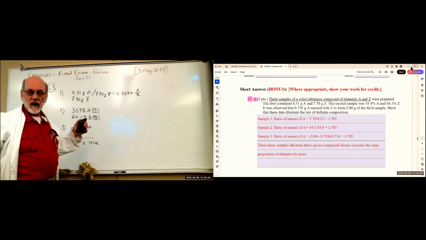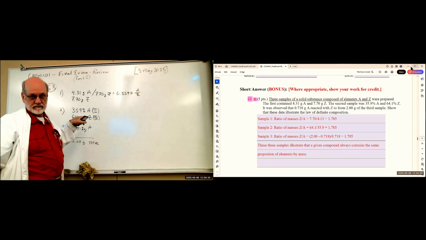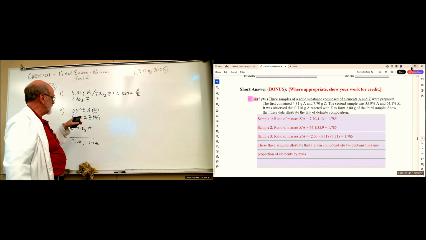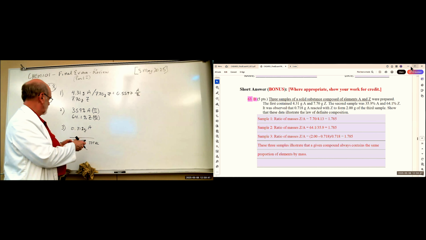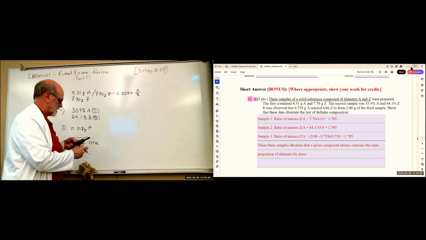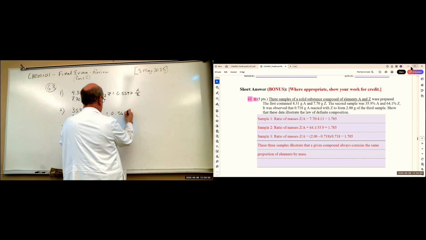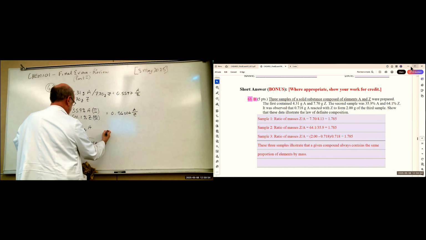This one, all we have to do here is ratio that percentage to that percentage, because if they're based on 100 grams each, then you can say this many grams to that many grams. So 35.9 divided by 64.1 is equal to 0.56006 A to Z. Close.